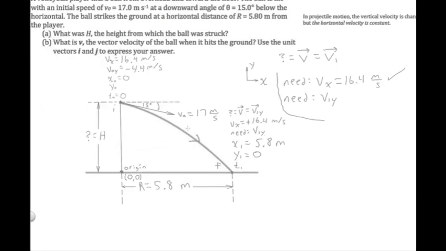Okay, so I went ahead and built a lot of extra information into this sketch to make things as clear as possible. So here are the velocity components at time 0. We figured out that the velocity components at time 0 were 16.4 and negative 4.4 meters per second. So I've written those two velocity components here at time 0. And then we know that since the horizontal velocity is constant, this Vx at time 0 is the same horizontal velocity at time 1.